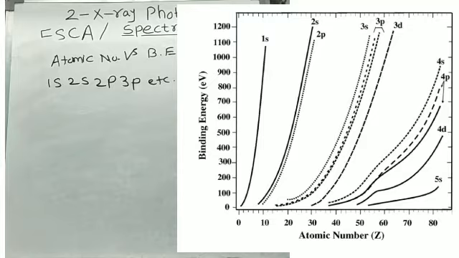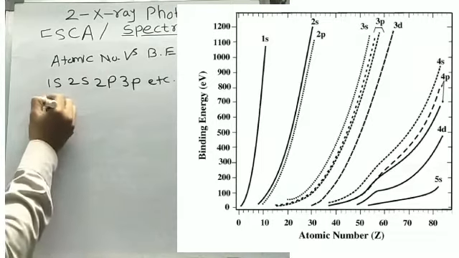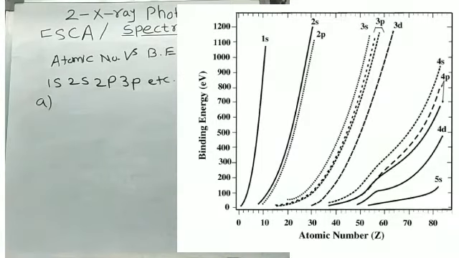It shows that for different atomic orbitals of any particular element, the binding energy order decreases.